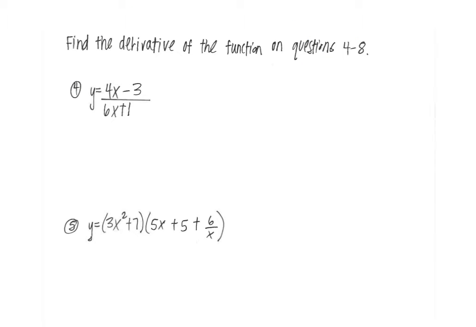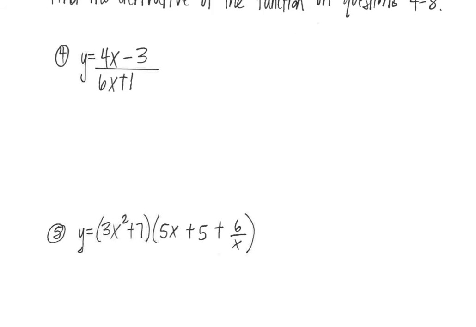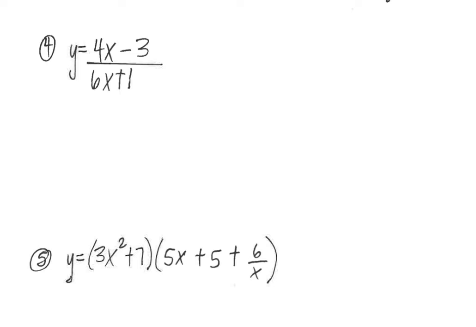You can see right here my directions aren't really that great. I said find the derivative on questions 4 through 8. On question 8, though, I have a more specific set of directions, but anyway, you're still finding the derivative, I guess. On question number 4, you have y equals 4x minus 3 divided by 6x plus 1.